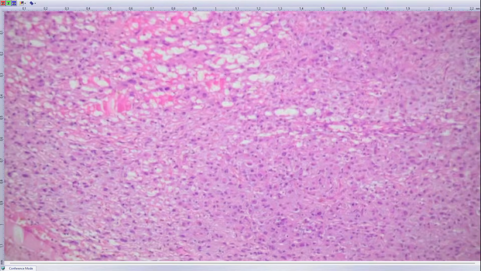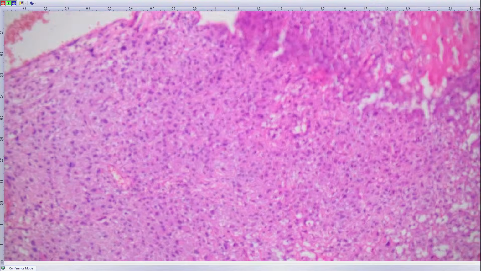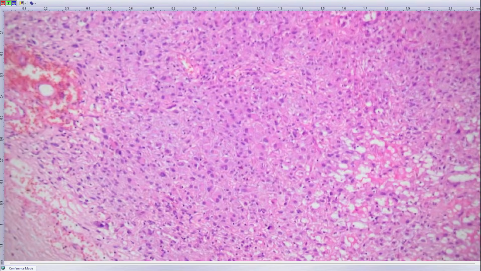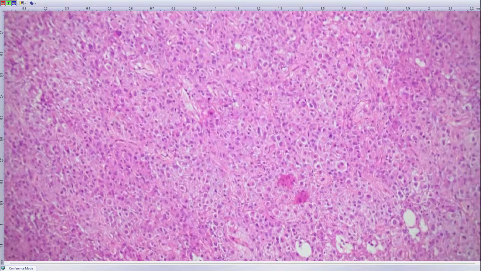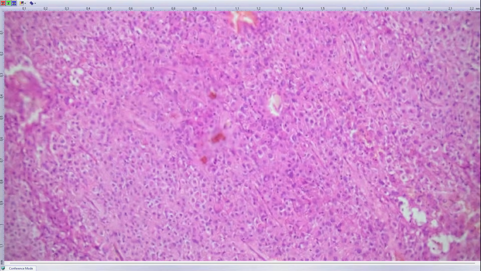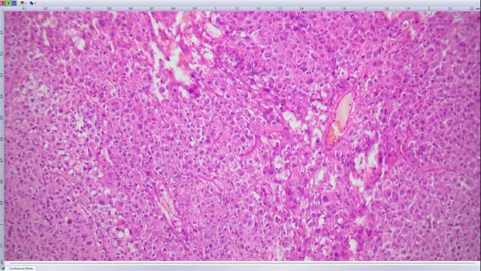And you can see the quite prominent pleomorphism. In contrast to that, the mitotic activity was relatively low. I don't recall the exact number, but there wasn't any significant mitotic activity there.